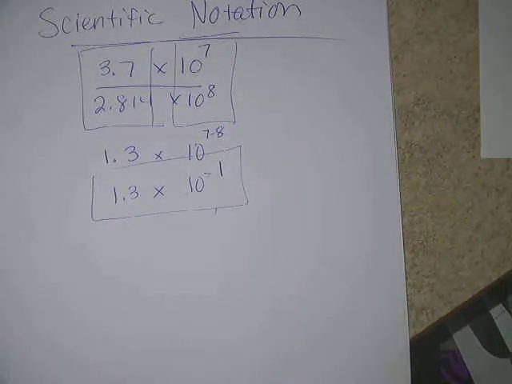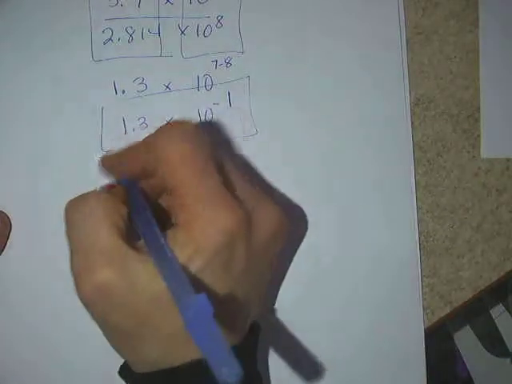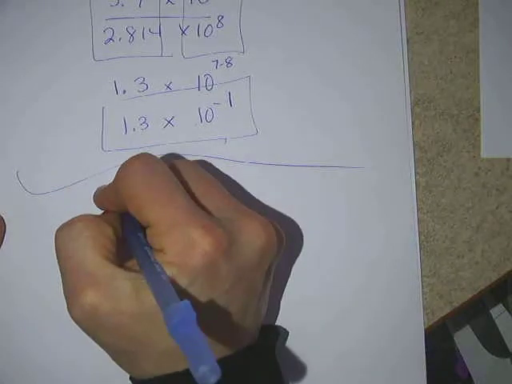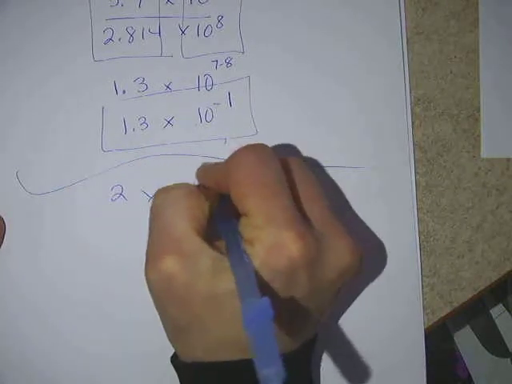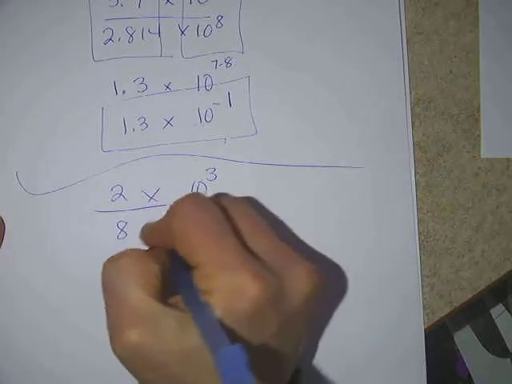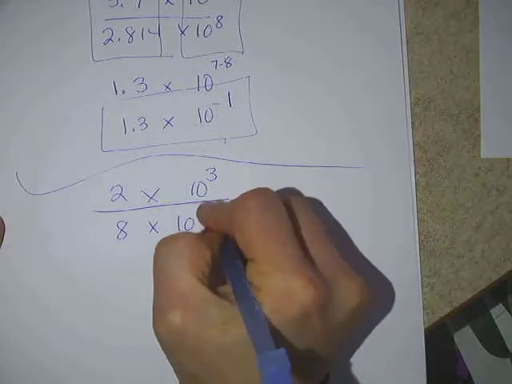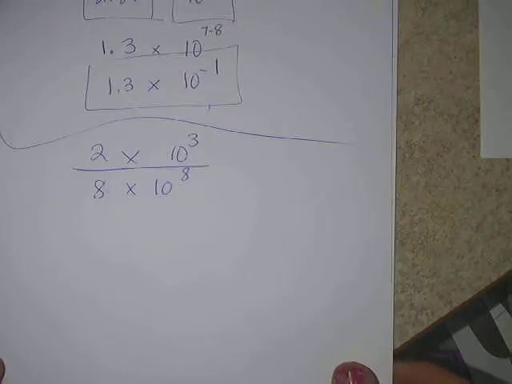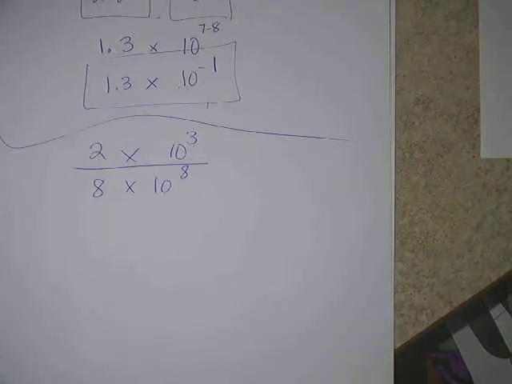You can have any exponent you want on that power of 10. As long as this is between 1 and 10, I don't have to make any further adjustments. This is proper scientific notation. Okay, so let's try another one.